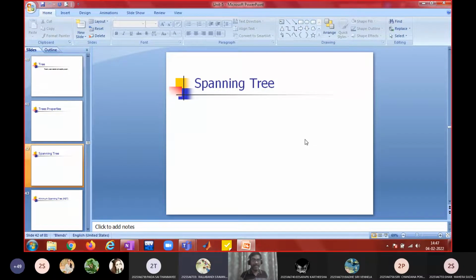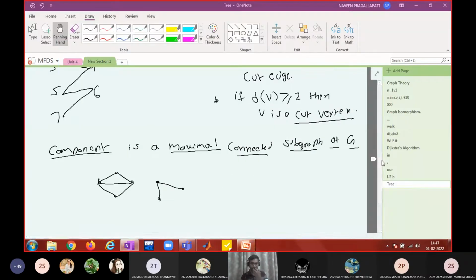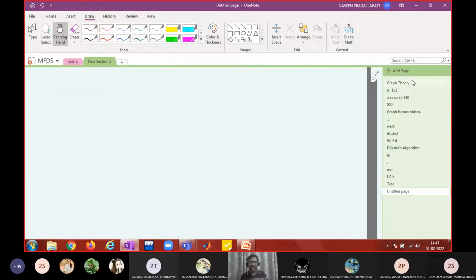A spanning tree is a subgraph of a graph. What is a spanning tree?